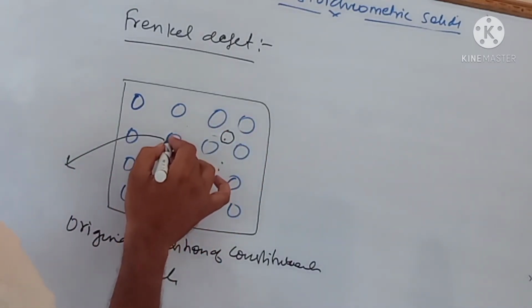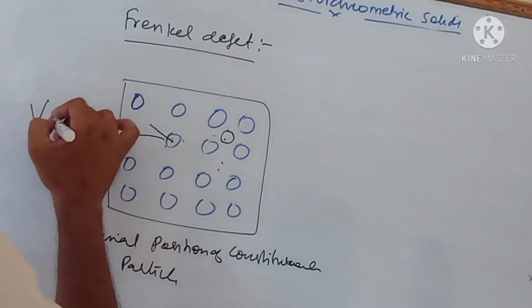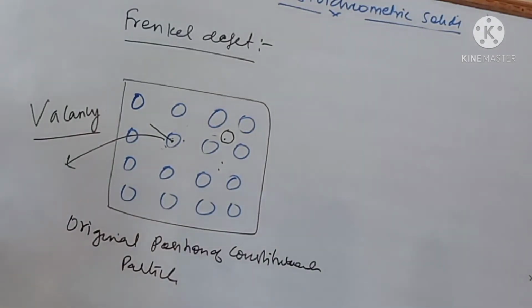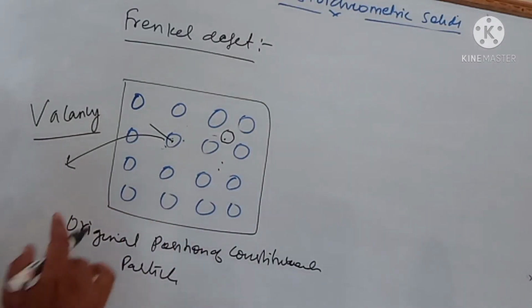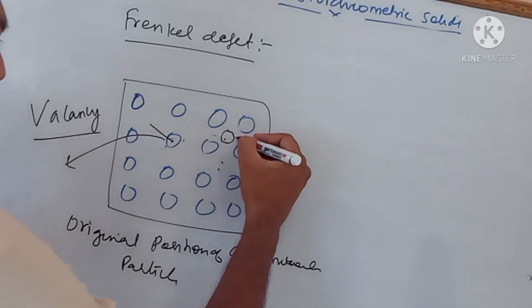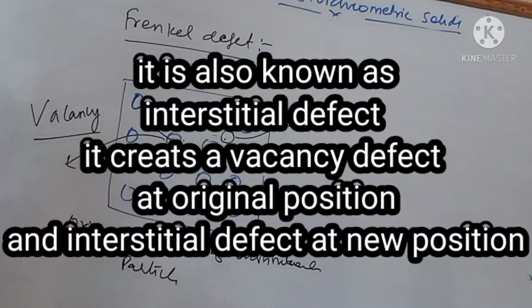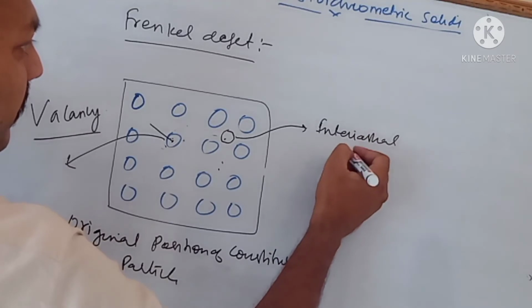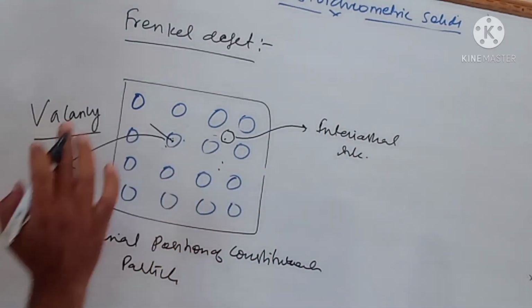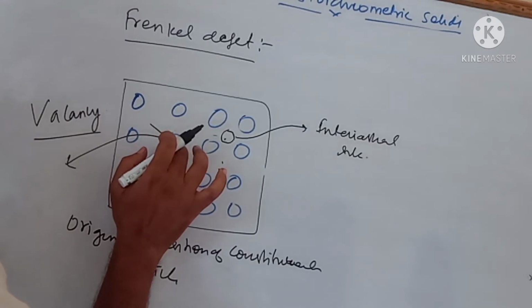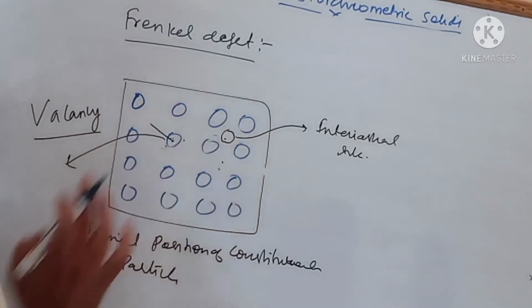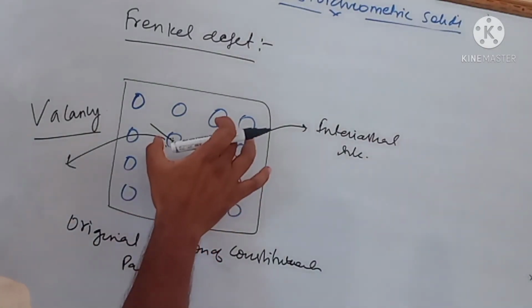Okay, so it creates a vacancy at the normal or original position. Now it comes here, to the interstitial site. So there is a deviation. This is a vacancy, and it comes here to the interstitial site.